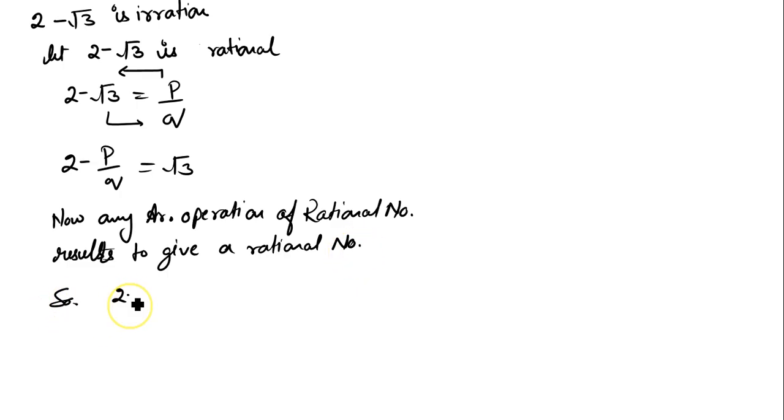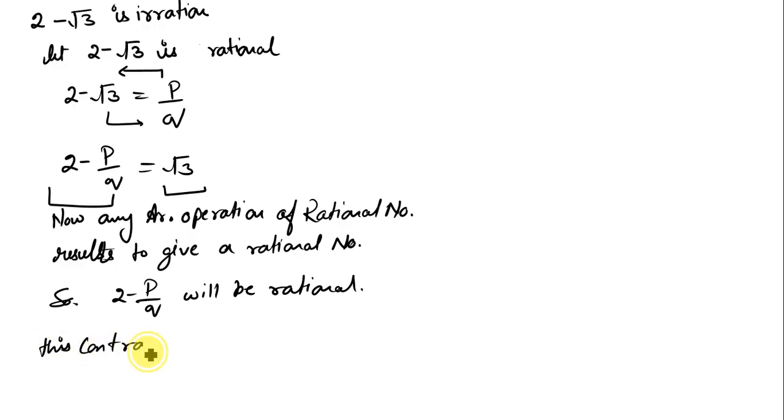So 2 minus p by q will be rational. Now the problem is, this will be rational but it is equal to root 3, and root 3 is irrational. So this contradicts that root 3 is irrational.